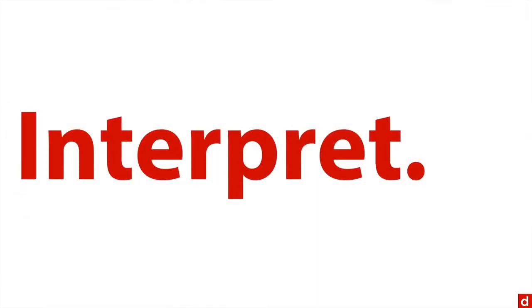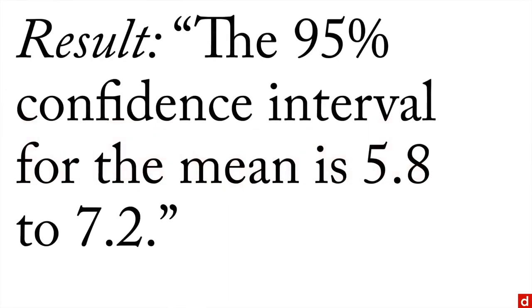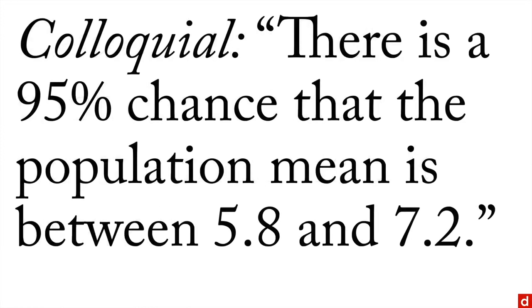Now, the statistically accurate way that has very little interpretation is this. You would say the 95% confidence interval for the mean is 5.8 to 7.2. Okay, so that's just kind of taking the output from your computer and sticking it into sentence form. The colloquial interpretation of this goes like this.